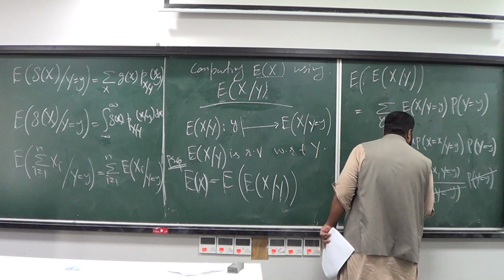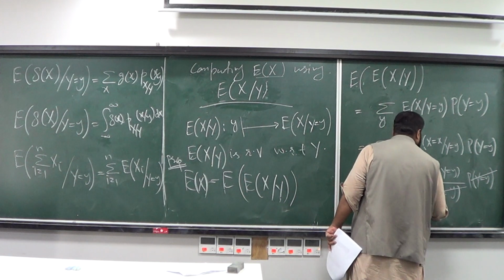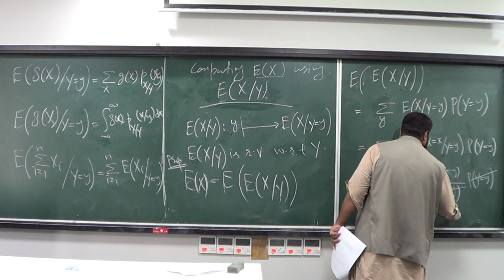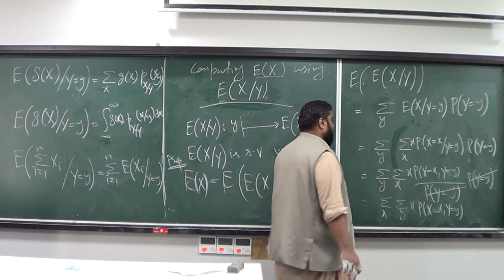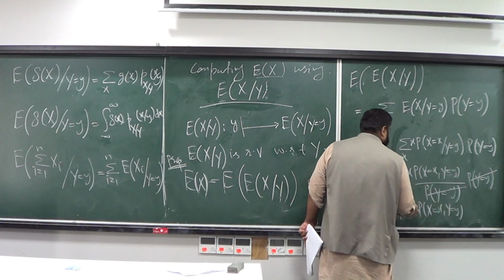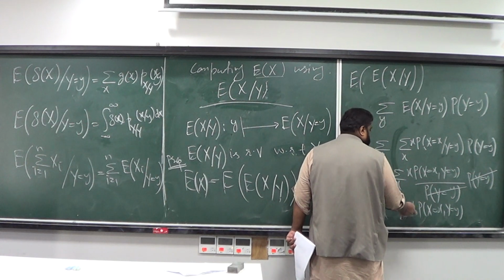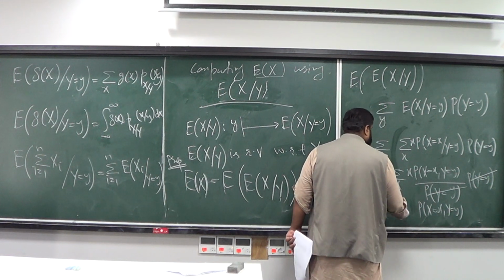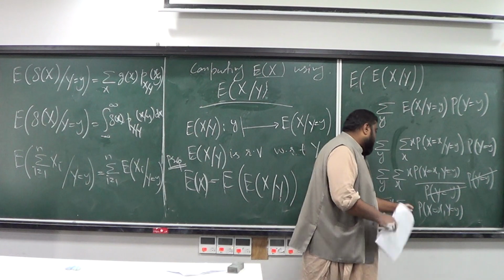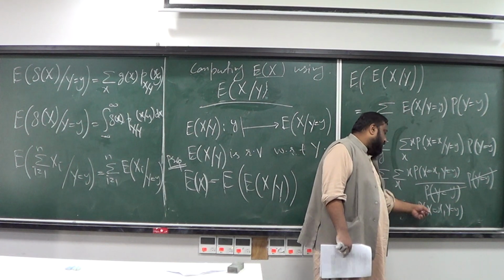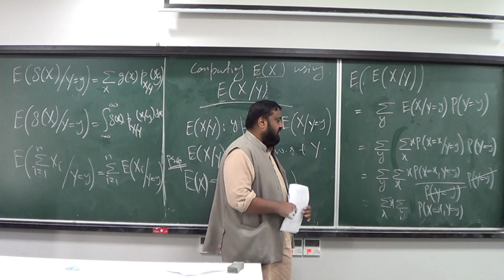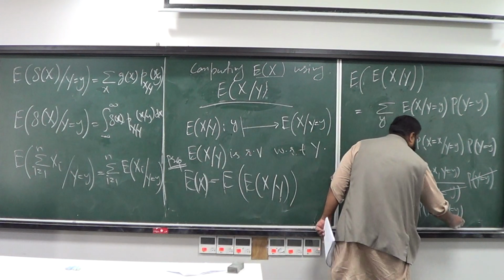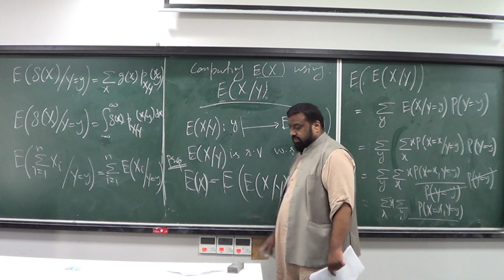And you're going to get x times the probability of x equal to x and y equal to y. Now, since this sum is over y, this x is really independent of y. So if I wish, I can write this x here. In other words, x would be multiplied with each probability, so I can take this x common. So I took x common and I remained with this expression.